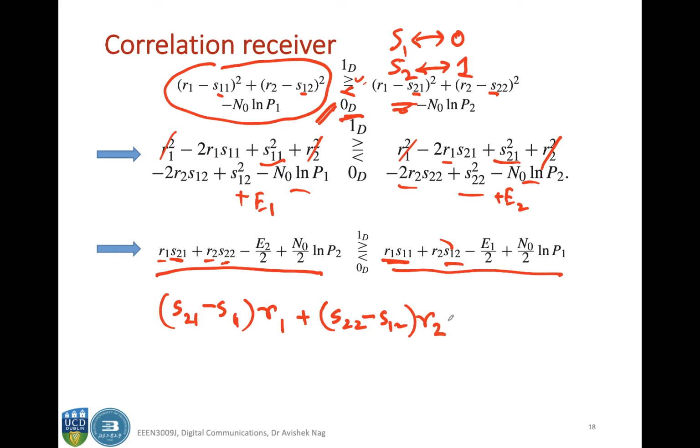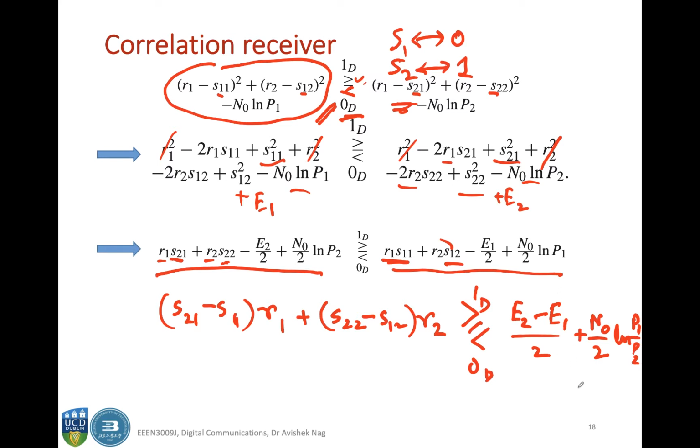And let's keep everything else on this side: E2 minus E1 by 2, and then N0 by 2 log P1 by P2.